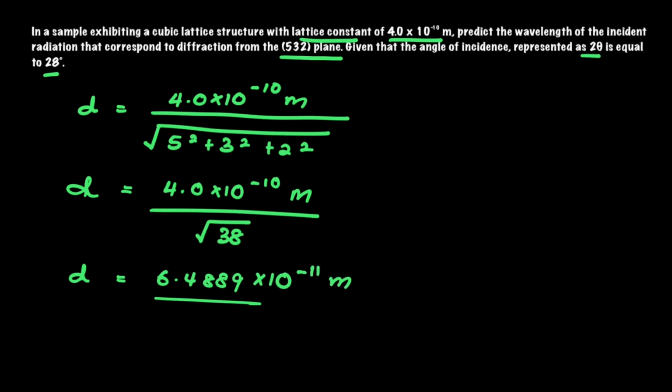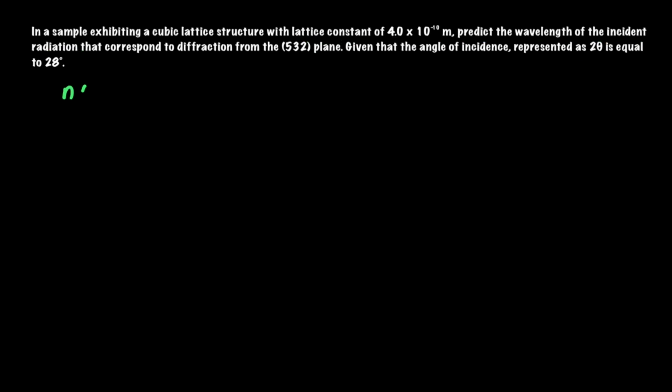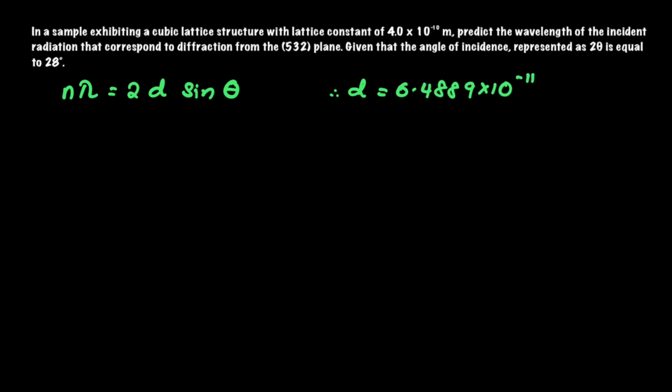So in the question, you were asked to predict the wavelength of the incident radiation. In order for you to find the wavelength, you need to use Bragg's law: n lambda is equivalent to 2d sine theta. From our calculation just now, your d is equivalent to 6.4889 times 10 to the power of negative 11 meter.